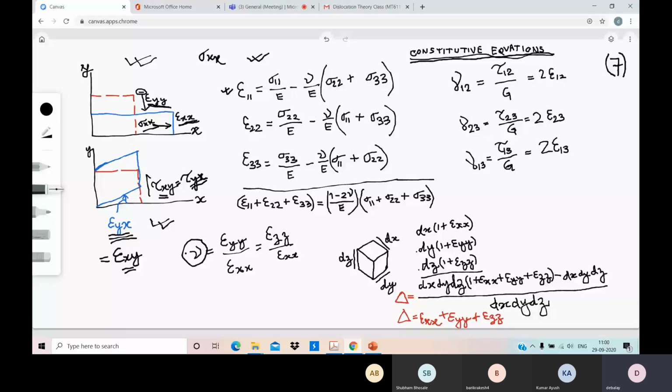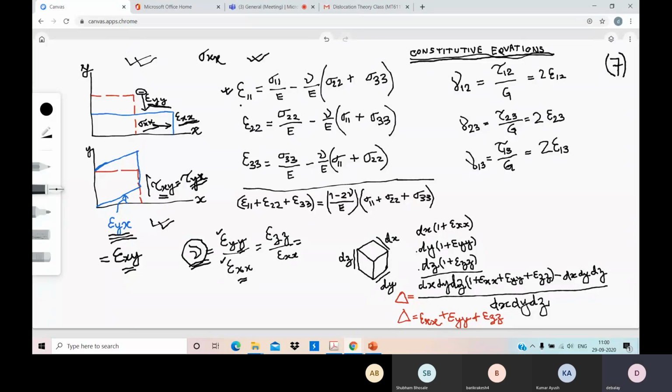If I apply sigma xx, then there will be a longitudinal strain of epsilon xx and a transverse strain of epsilon yy along the y direction, and if there is a z direction strain also, that is epsilon zz. So epsilon yy by epsilon xx or epsilon zz by epsilon xx, that is the Poisson's ratio, the ratio between transverse strain and longitudinal strain.